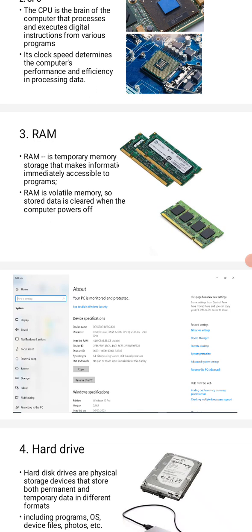It's a memory used in the PC just temporarily. It keeps a memory during the time when you're using a computer, and when you switch off the computer, the memory is gone.